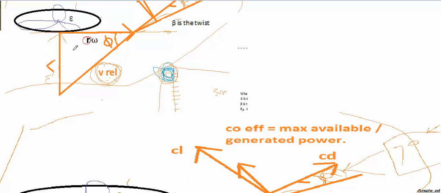As R increases, phi decreases. It has to decrease because the velocity of the wind is constant. If the velocity of the wind is constant and omega is constant for all the elements, then as R increases, phi, which is the angle of inclination, has to decrease.